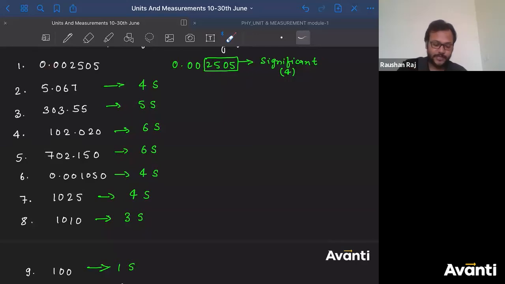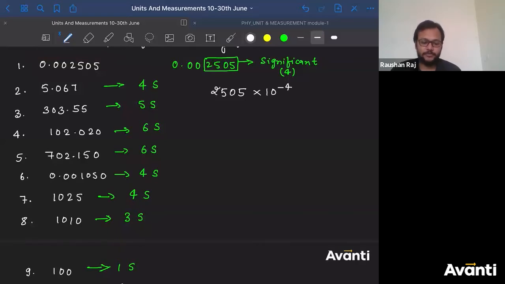Yes, you can, but after expressing it in some other form, the number of significant digits must not change. Right now it has 4 significant digits. So finally you can write in this form.